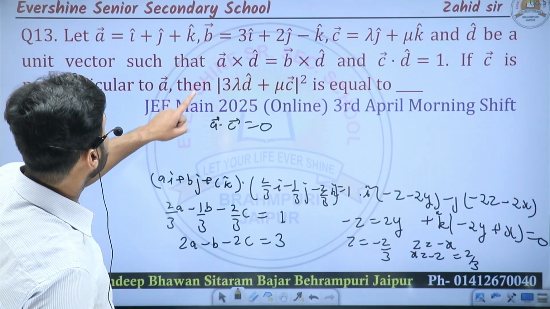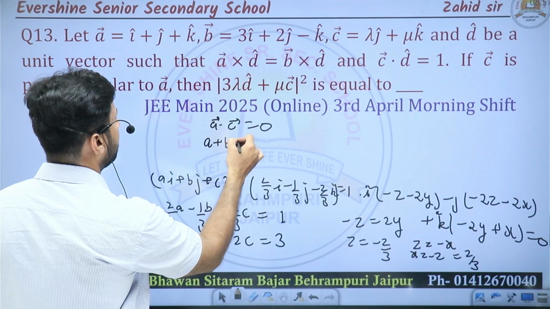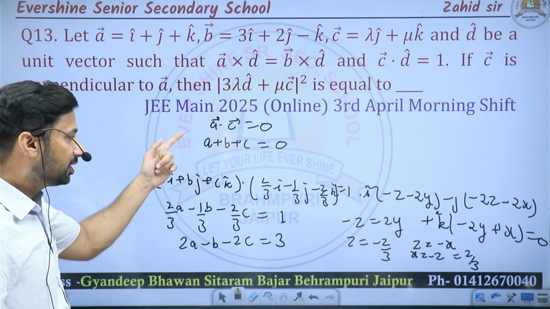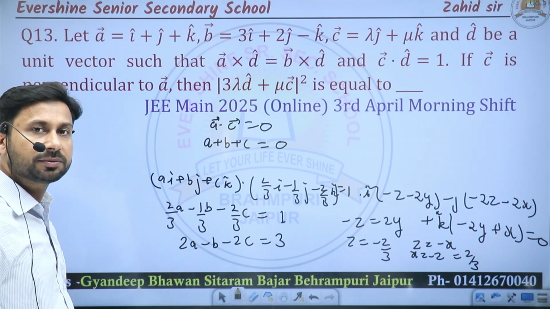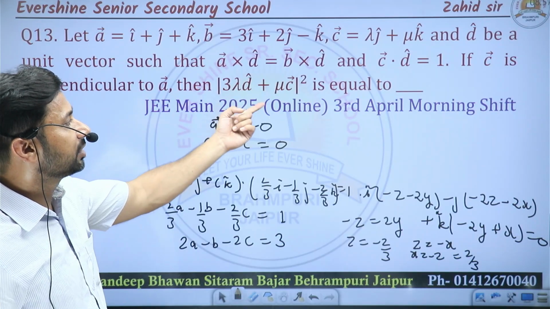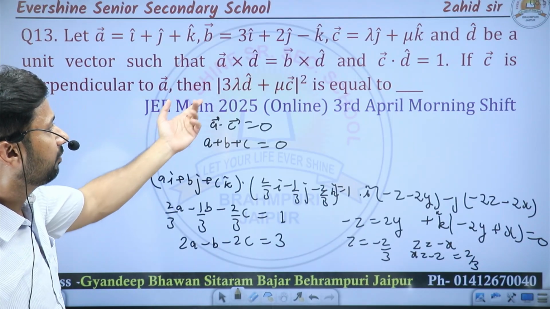This is your vector a, so it will be a plus b plus c equals 0. Now I have these two equations. I can solve them, and once I get the values I can put them here and simplify easily.